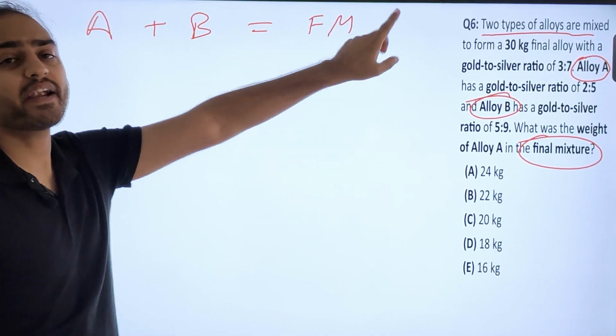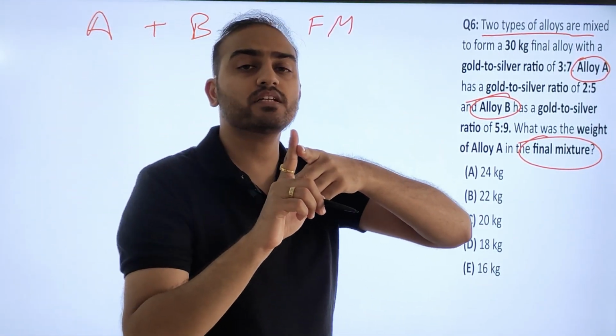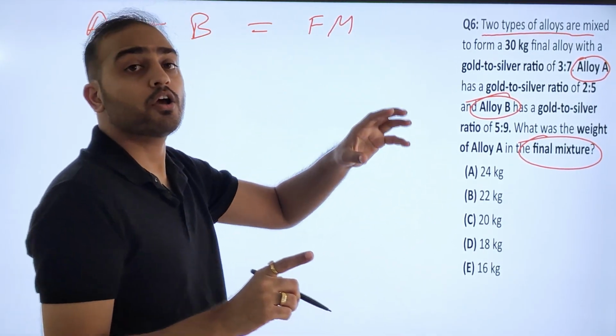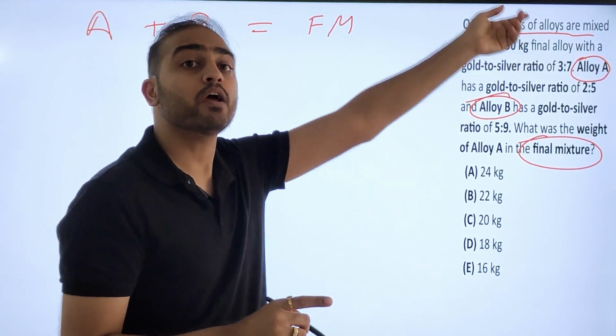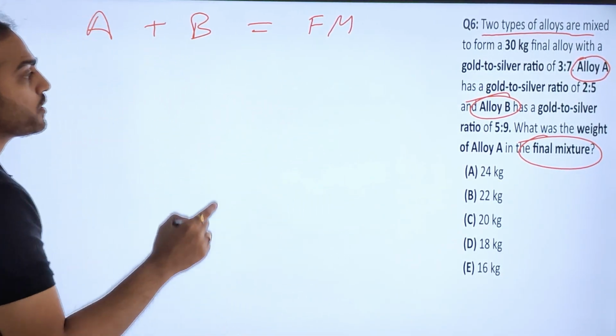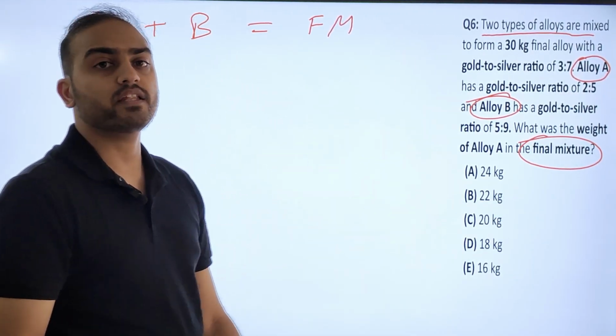See, alloy A is made up of gold and silver. If you see the question, you are not adding gold and silver and making alloy A. That is already made. What you are doing is mixing this alloy with another alloy to get the final mixture.